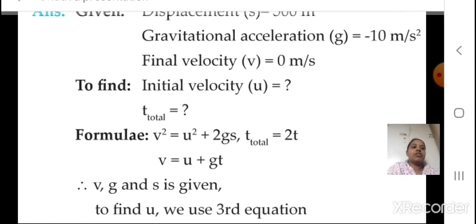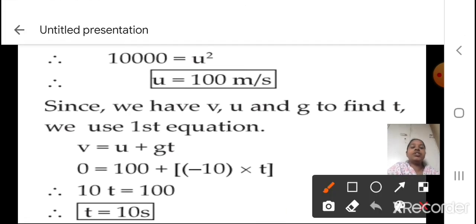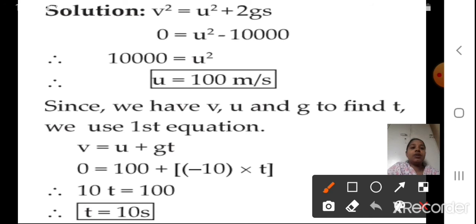Okay, now see here. What is our solution? Now v squared is equal to u squared plus 2gs. Okay, now v squared is 0, equal to u squared minus, you will get 10,000, right?